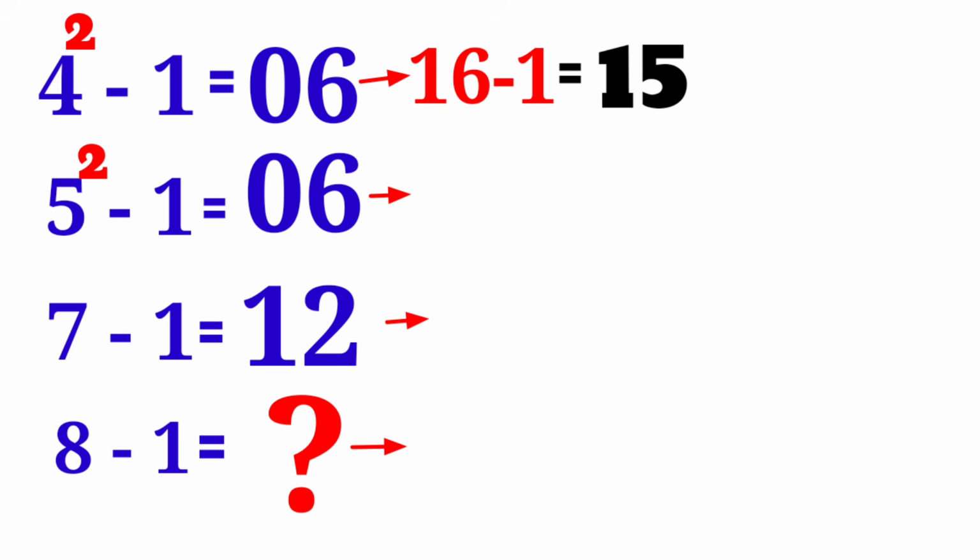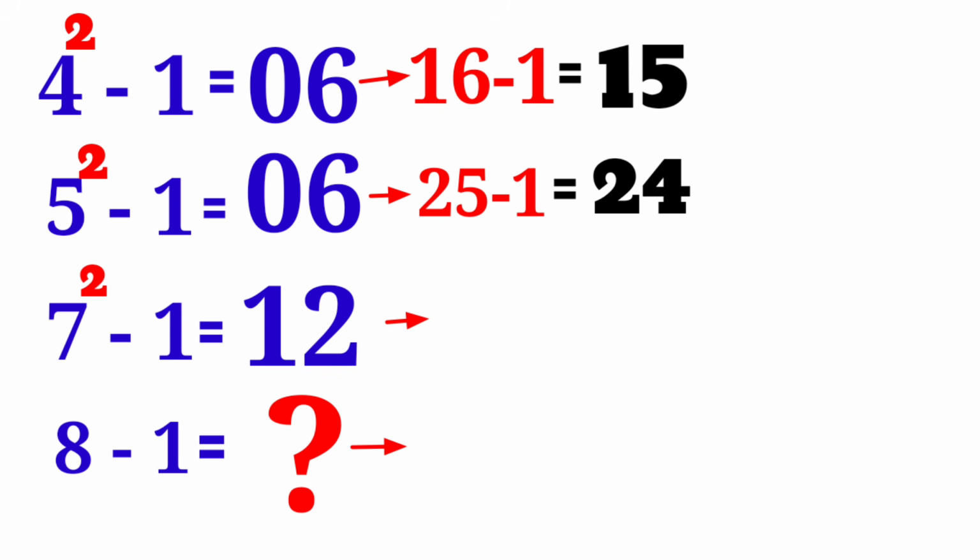In next sequence, square of 5 minus 1. Square of 5 is 25. 25 minus 1 is 24.